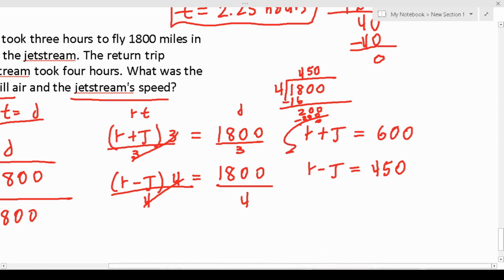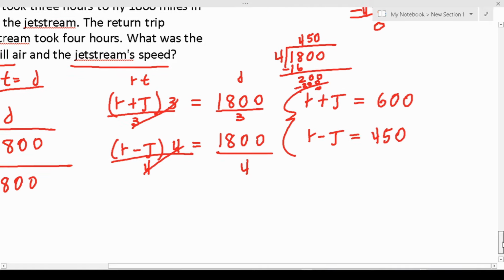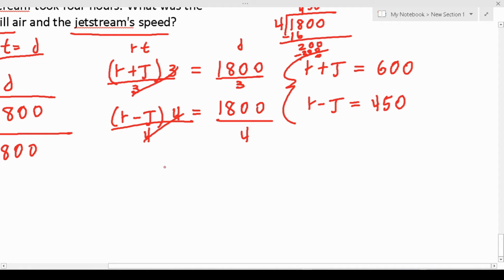Finally, we can see that right here, we have our system of equations, which we can now use to solve for r and j. And there's a couple ways we can do that. Let's go ahead and rewrite those down here just so we can have some space to work with. We have r plus j equals 600. R minus j equals 450.